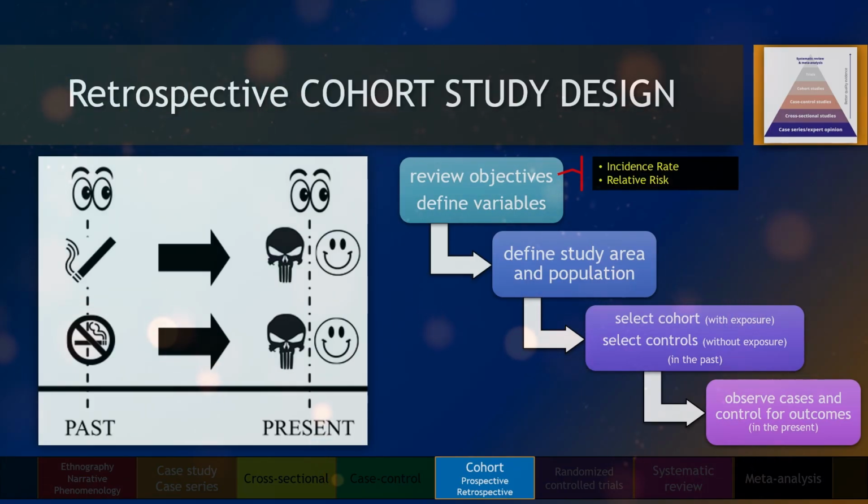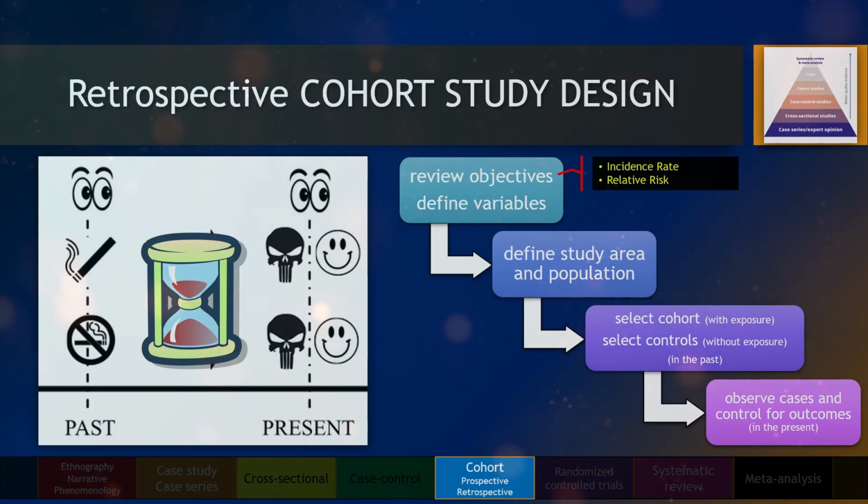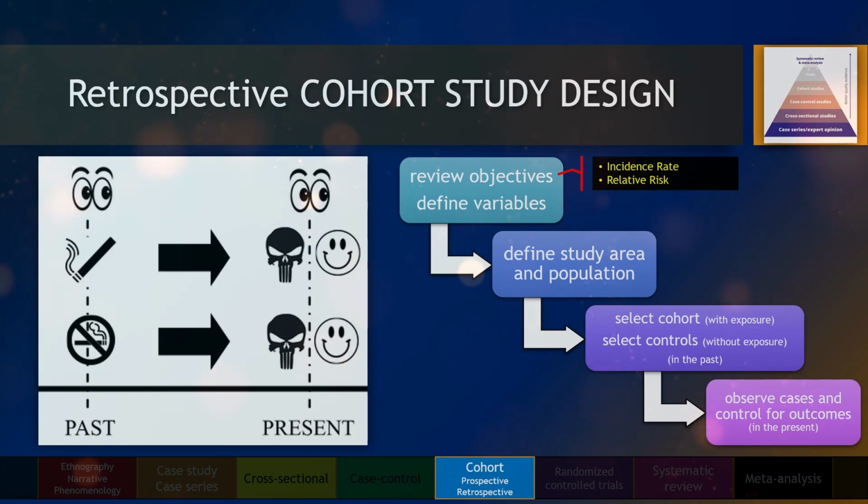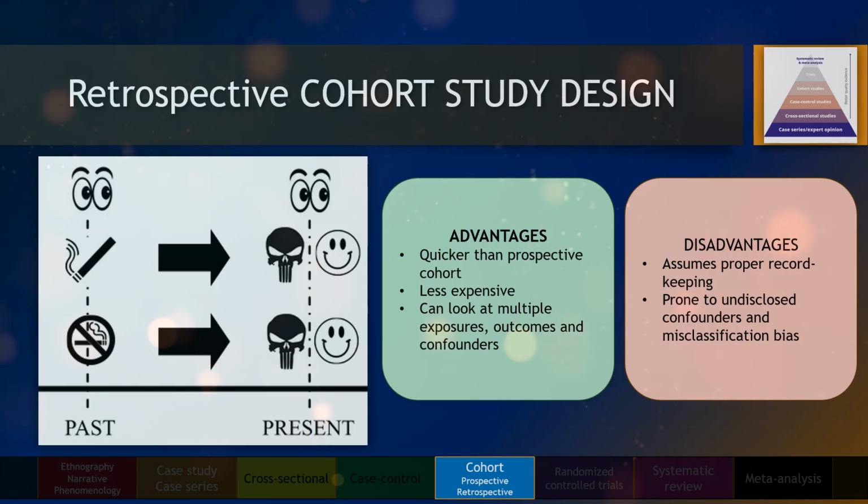The next step is to comb through the records up to a predetermined time after the exposure to see if both cohorts and controls actually develop the outcome. In this case, did they eventually develop the outcome, also from their records, but after their exposure? At this point, you will know which of the sample units have the exposures and the outcomes, then you can do your analysis. Retrospective cohort studies are quicker and less expensive to do than prospective cohort studies, since you only do records review.